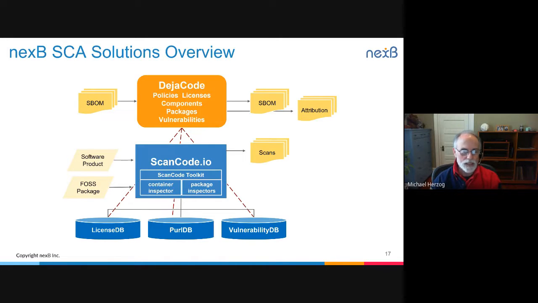It's actually a matching technique, and there's very sophisticated processing for that. You can add your own licenses to the license database and rules for detecting them, or licenses from, say, a proprietary vendor that you want to put in there, but we wouldn't have because it's not public. So those three databases are underlying ScanCode.io and also underlying DejaCode.